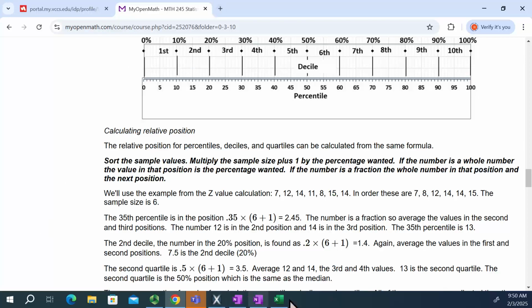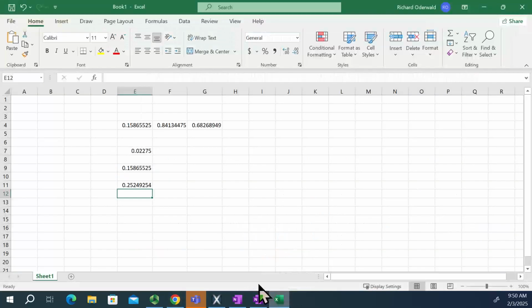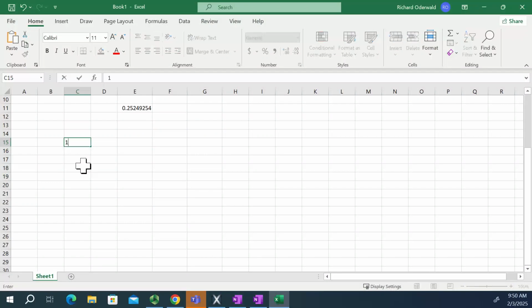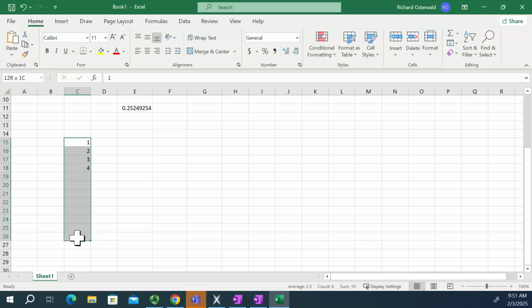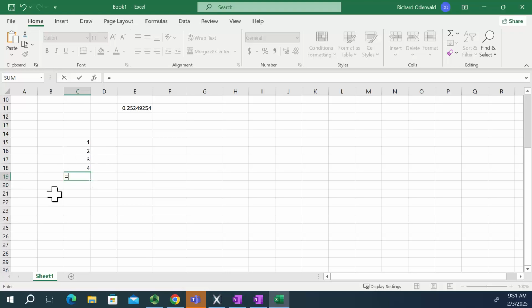Go to Excel and we're going to make 1, 2, 3, 4, and I just do this so I have a position for the numbers. This one is equal to the previous one plus 1.